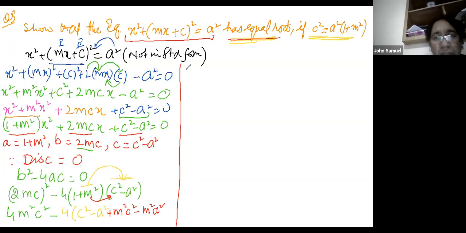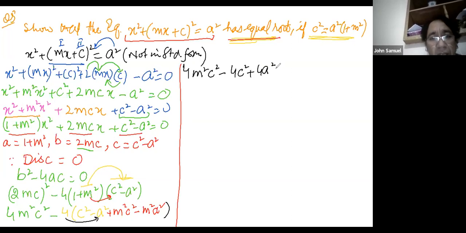Right, now we have 4 m square c square minus 4 will multiply 4 with this, 4 c square. Minus minus will become plus, so it becomes minus 4 c square plus 4 a square, minus 4 m square c square, and then finally plus 4 m square a square.